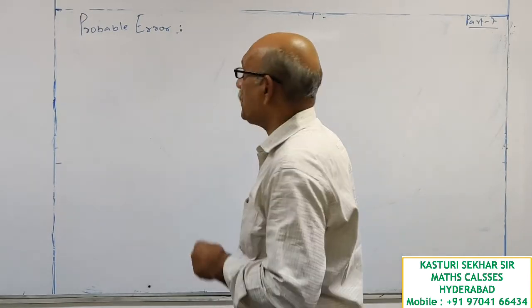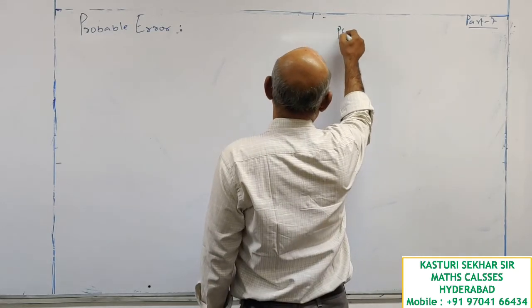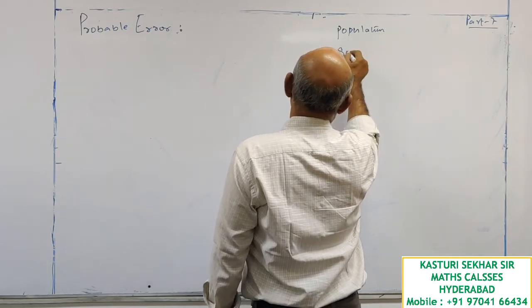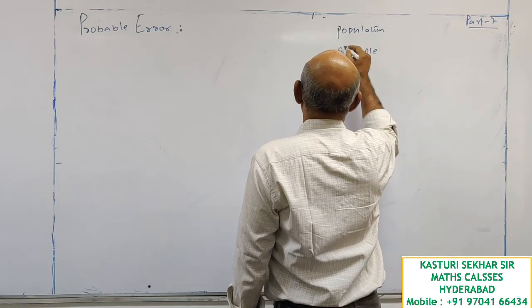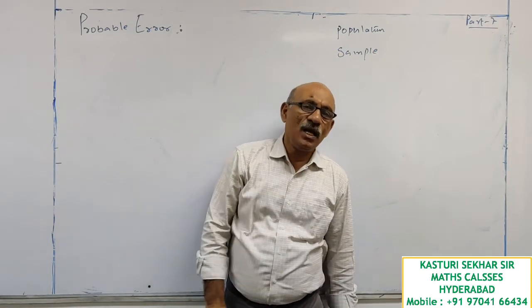Look at this here. In statistics, we have data related to population and data related to sampling. Let me make it clear what is meant by population and what is meant by sampling.